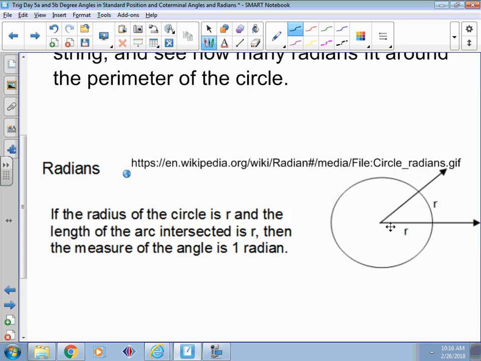Here's the radius of my circle, and then I'm going to take a piece of string from the distance from here to here, the length of that radius, and I'm going to fit it around my circle, okay? If I take my string and I fit it around, that's apparently how long it is. So this length of this arc is the same length as the radius of this circle. And then see how many of these radiuses fit around your entire circle. So go ahead and pause the video and see what you come up with.